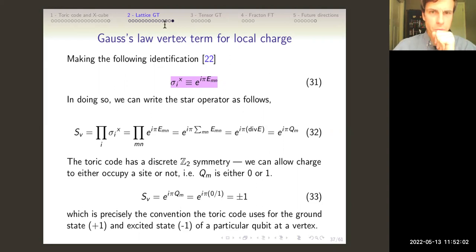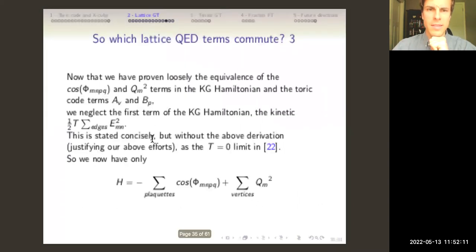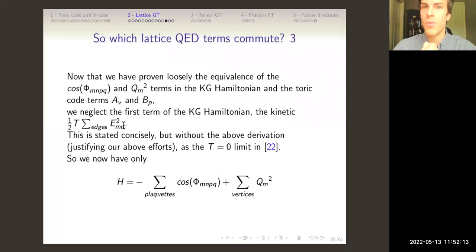And so using this new lattice gauge theory formalism and understanding where those come from, as well as why those two terms are the ones that we need, was novel in that sense.